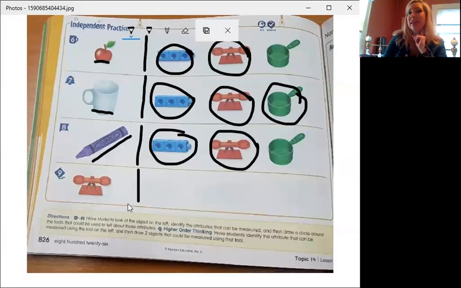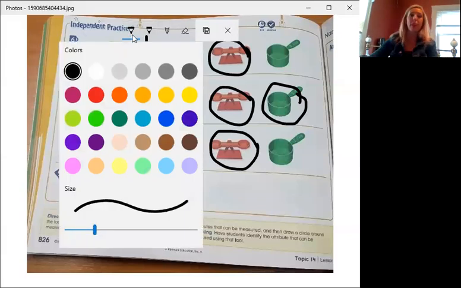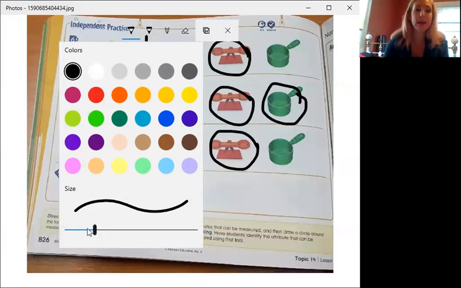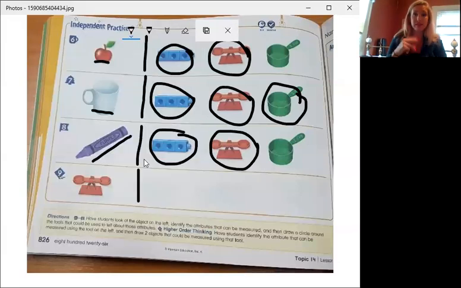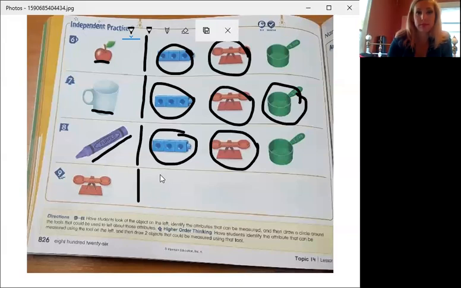Which one do you think is heavier? The book? Good job. So you can draw these two objects with me, or you can draw any of your own two things that you want to measure its weight. So here is my book. And my little marble.